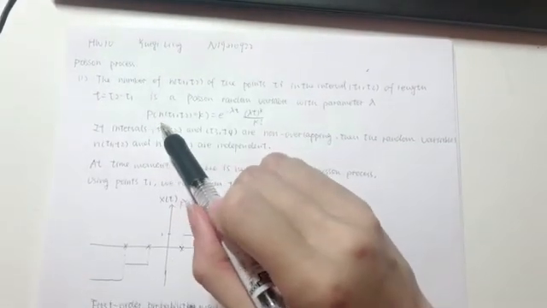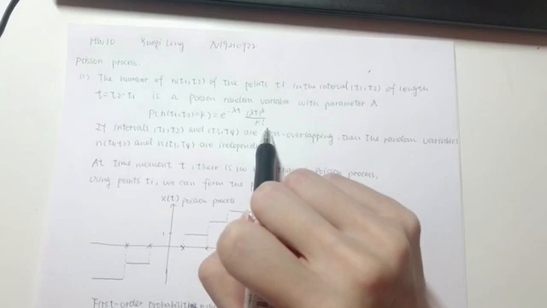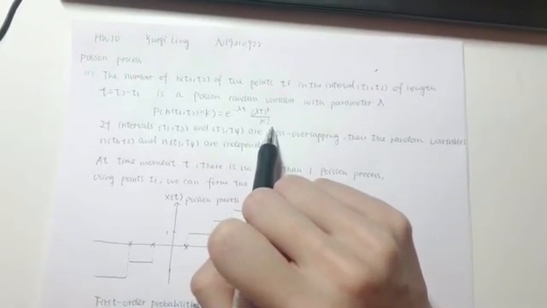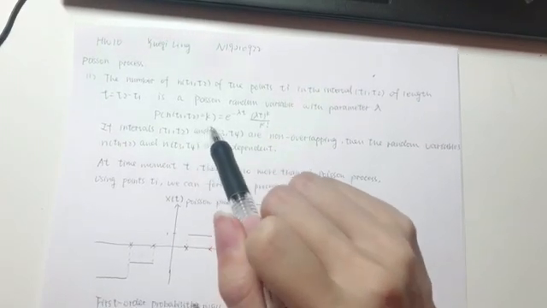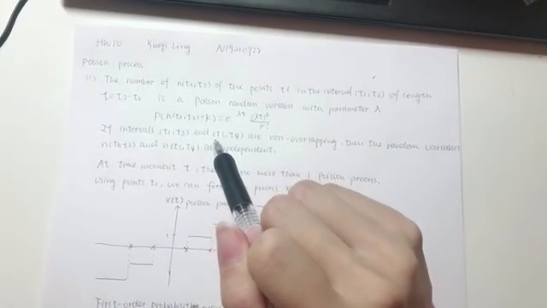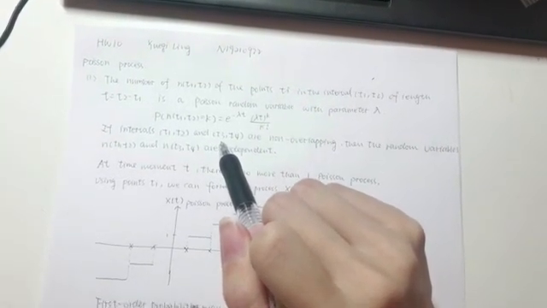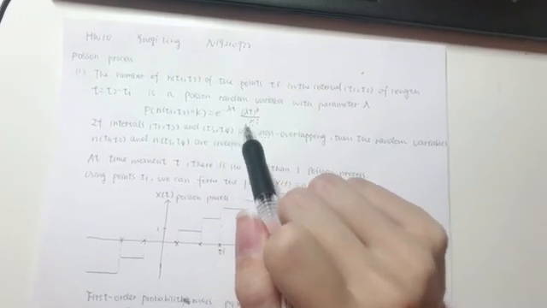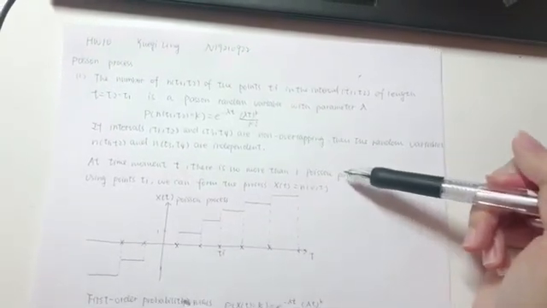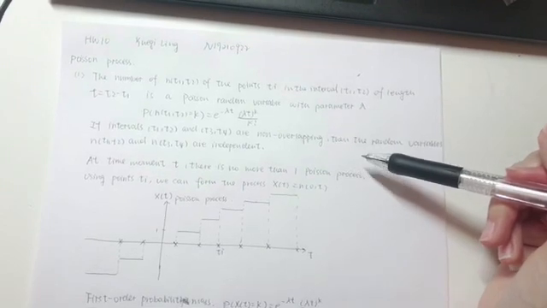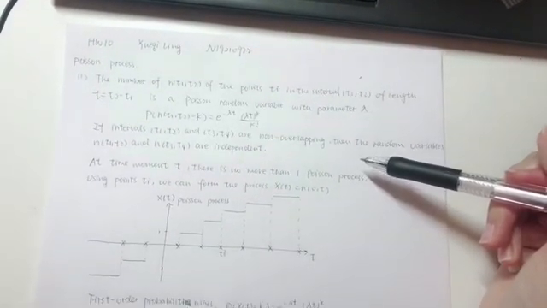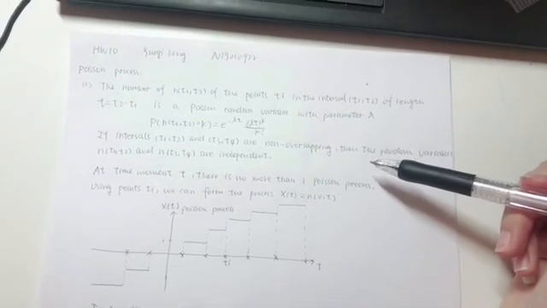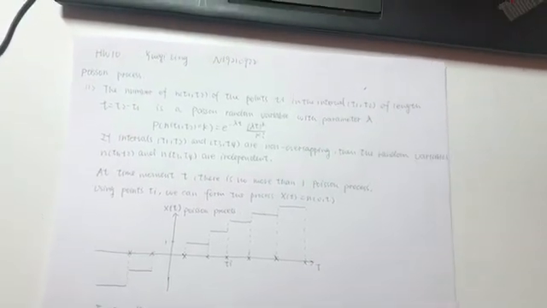And if the interval t1, t2 and another interval t3, t4 are non-overlapping, then the random variables n of t1, t2 and n of t3, t4 are independent.